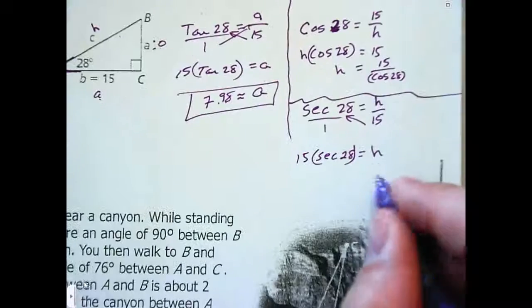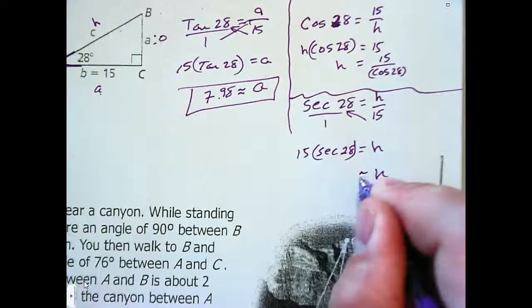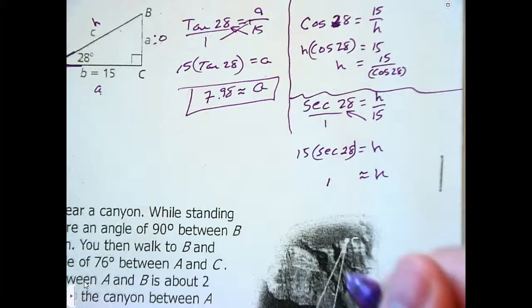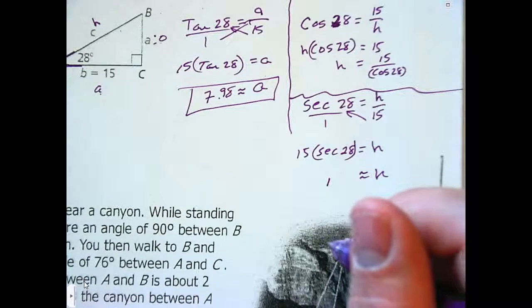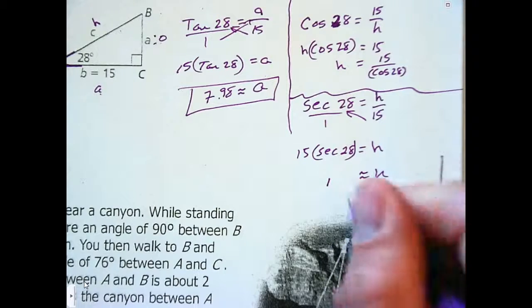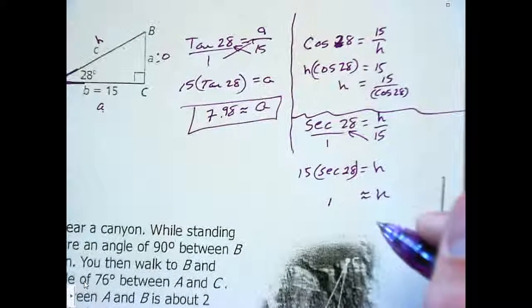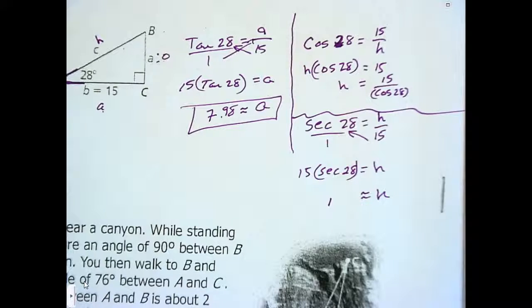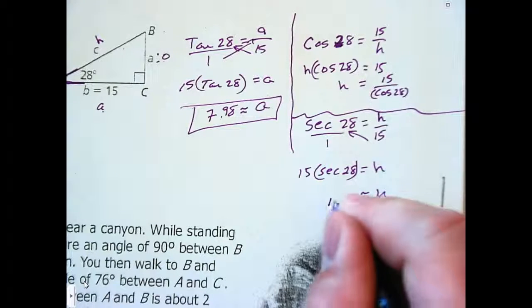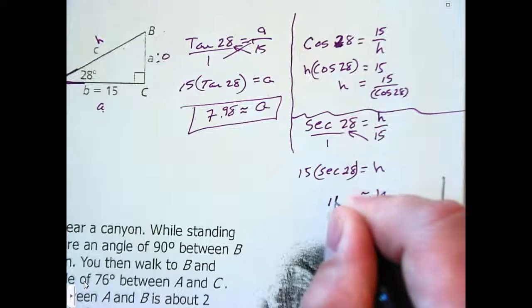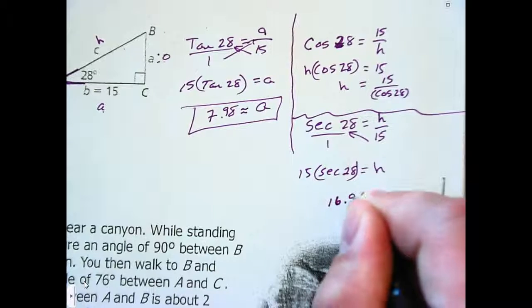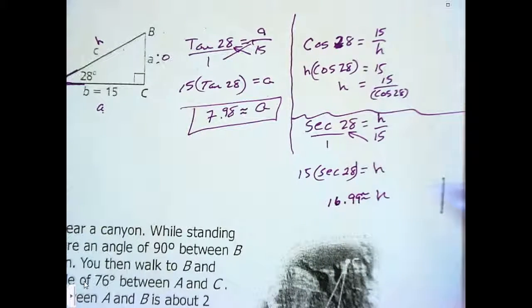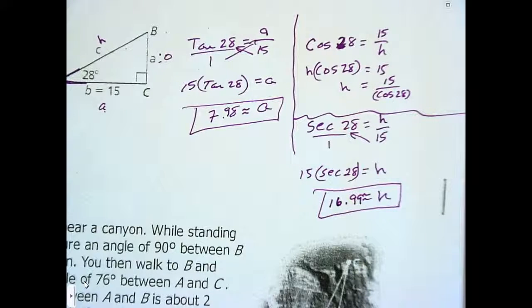Either way, you should have h is, go ahead and calculate it out. What do we get? About 16.99. Now I heard some of you going, where is secant? How do I do that?